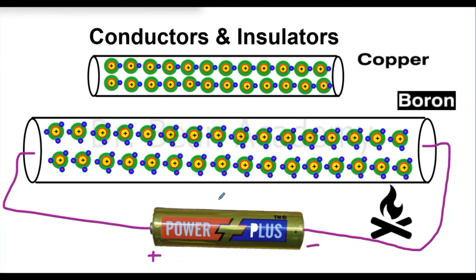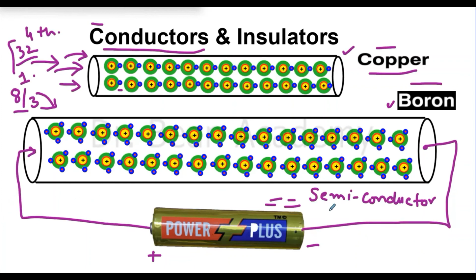Okay, so how can I make it a good conductor? In fact, I have a choice. For copper, I don't have much choice. It is a very good conductor. But what if I want to control the conductivity of a material? Like in this case, it was half. It was actually behaving like an insulator in a normal situation and under a low potential difference.